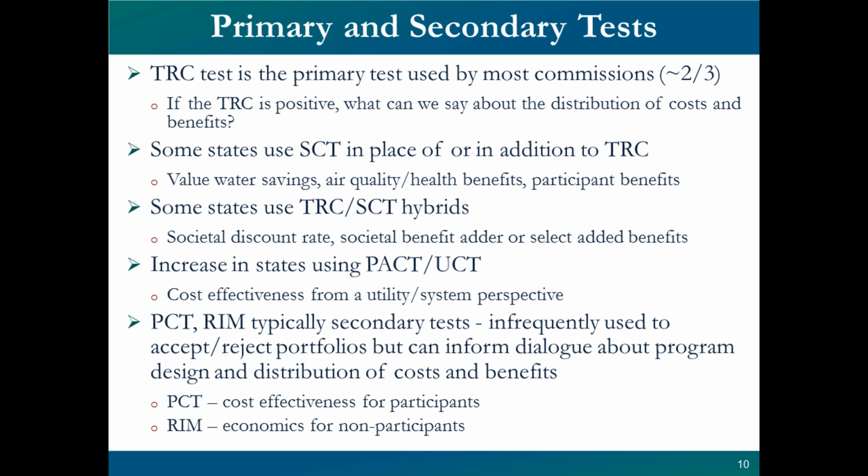And I know it's a little bit alphabet soup if you haven't been working on it a lot, TRC, PAC, PCT, RIM, but we've used that vocabulary on purpose so that you can be steeped in the right language when putting together your portfolio and understanding its cost effectiveness impact.